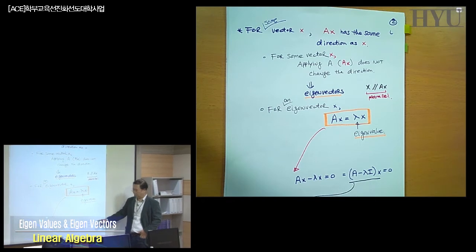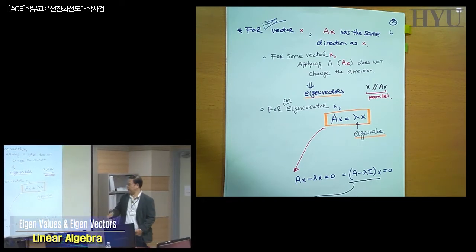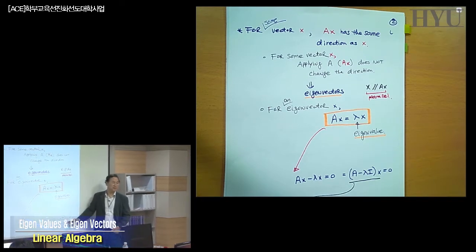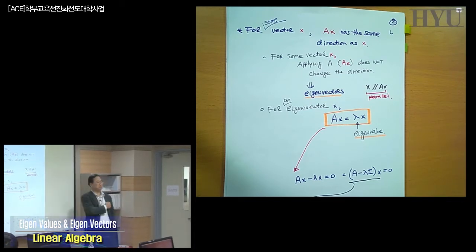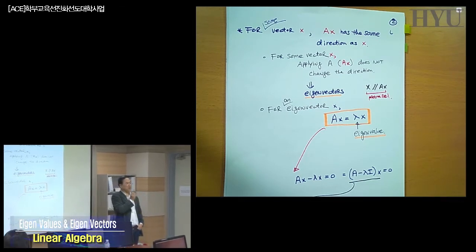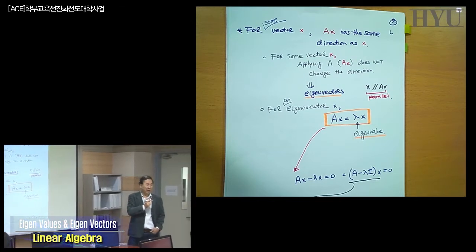What's the space of x which satisfies this condition? What's this? The null space of A minus lambda I, right? When you apply A minus lambda I, it becomes 0, so x should belong to the null space of A minus lambda I, right?